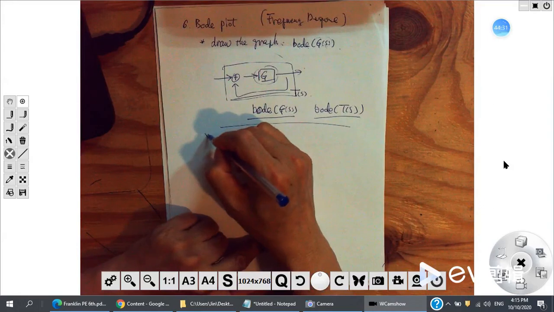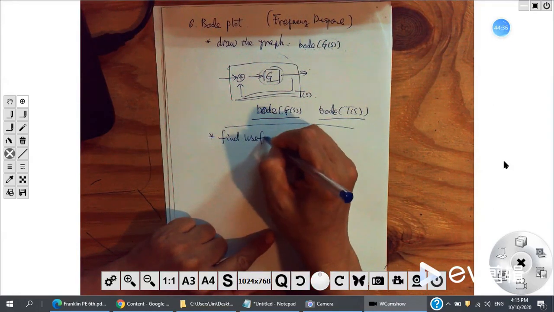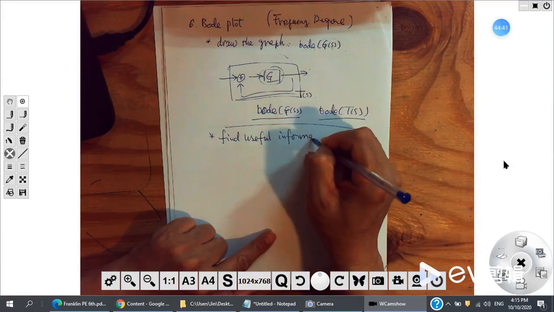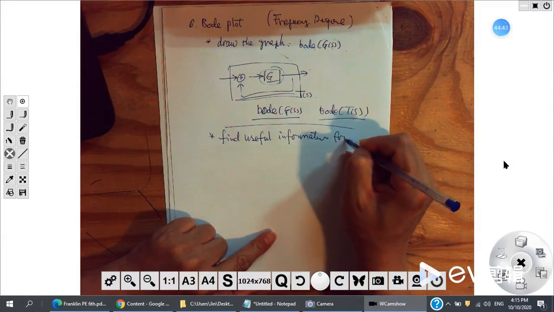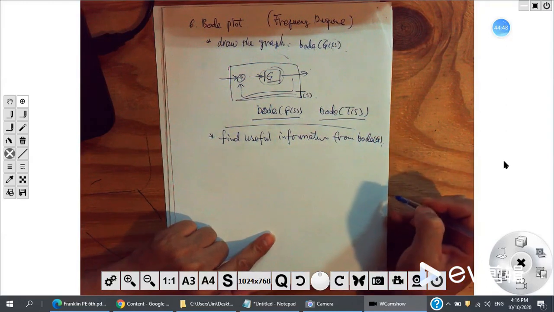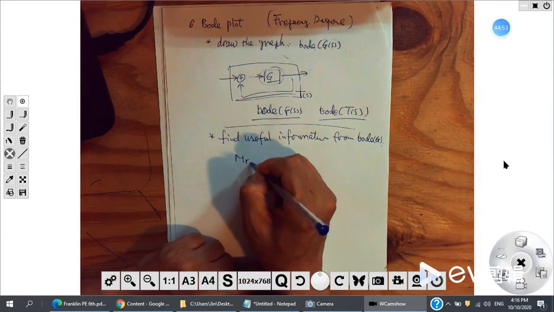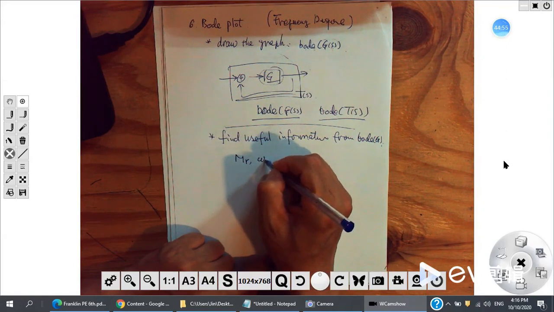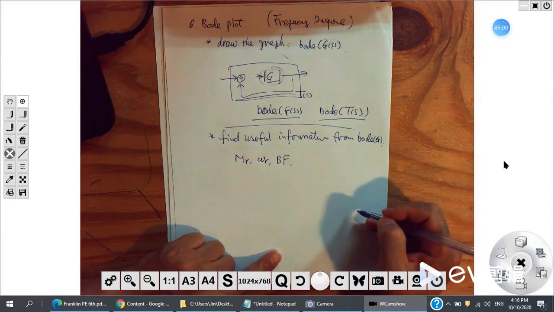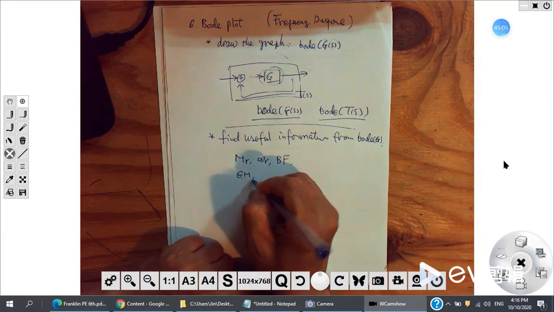Then the second thing is to find useful information from the bode plot. We have several things. We can have the resonant peak, the resonant frequency. We can have the bandwidth, right? We can have these numbers, and we can have the gain margin and the phase margin.